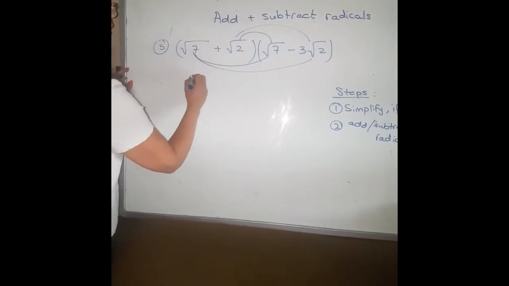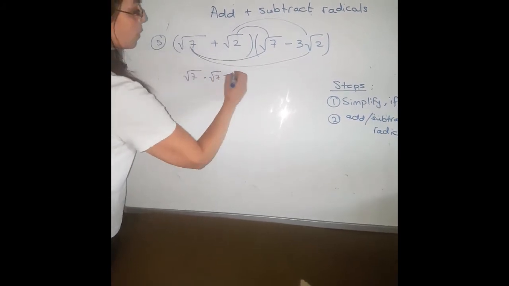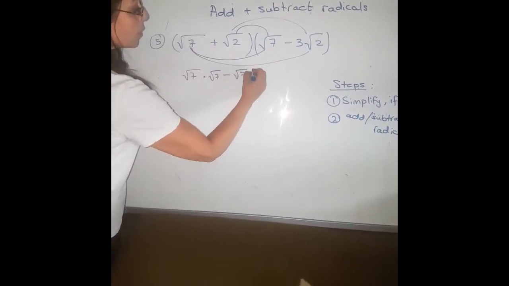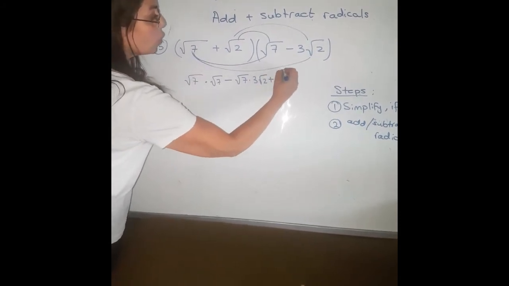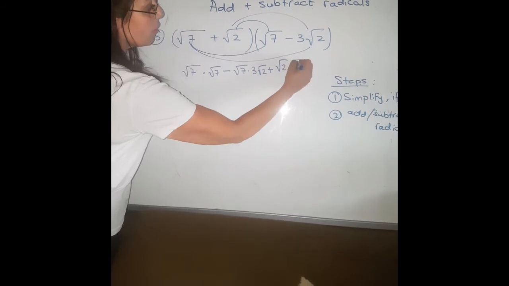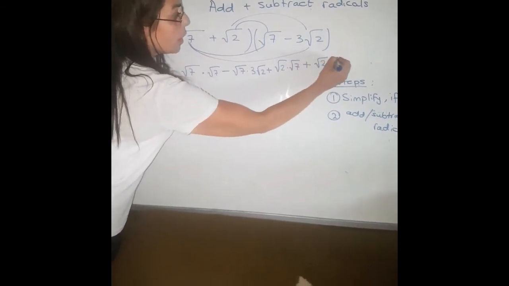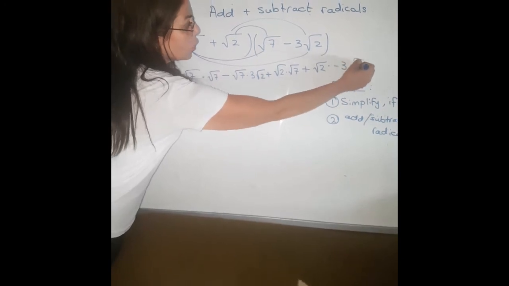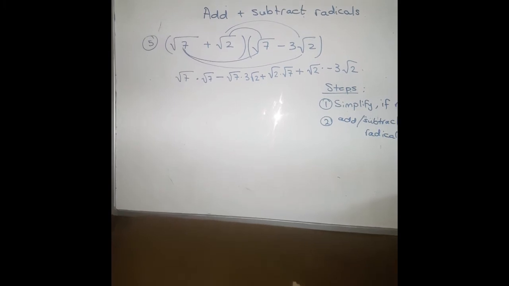So it's radical 7 times radical 7, minus radical 7 times 3 radical 2, plus radical 2 times a radical 7, plus radical 2 times minus 3 radical 2. You can only multiply your radicals with each other and the numbers with each other.